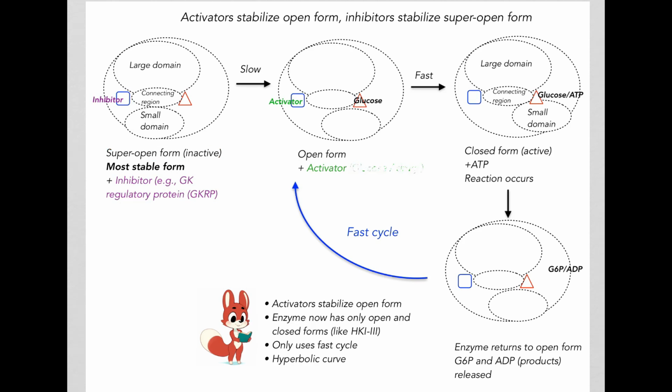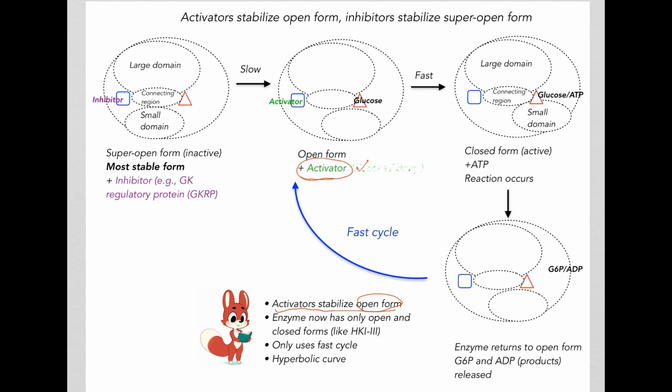Now, in the presence of activators, there are several drugs that can act as activators for this enzyme because this enzyme plays a very important role in controlling blood glucose concentration, therefore very important in diabetes. So in the presence of activators, the open form is stabilized.